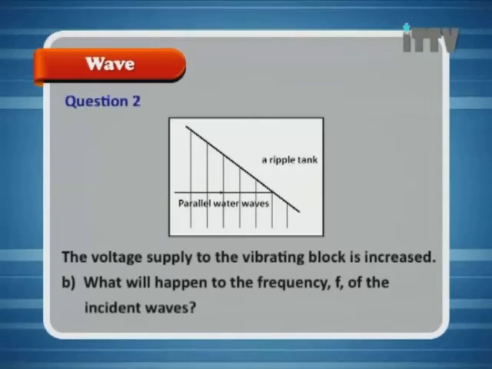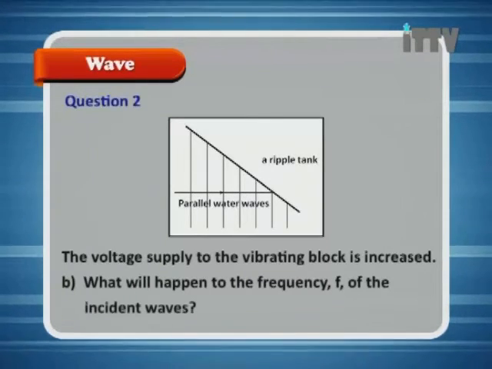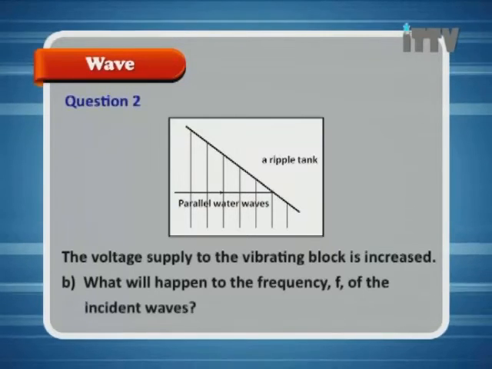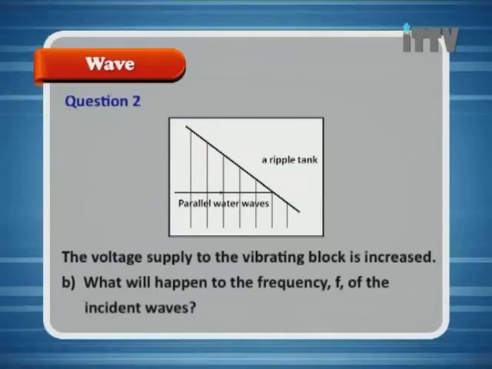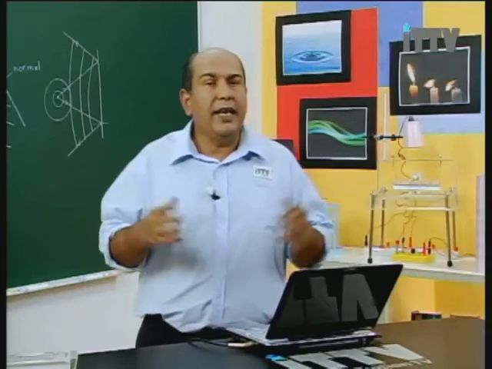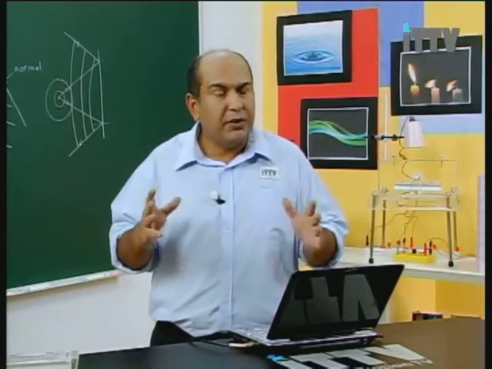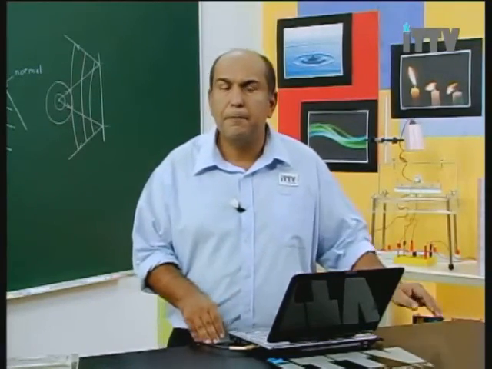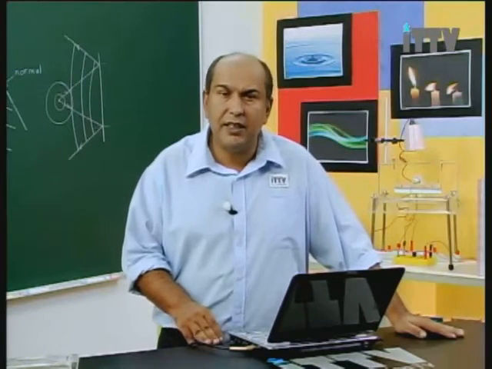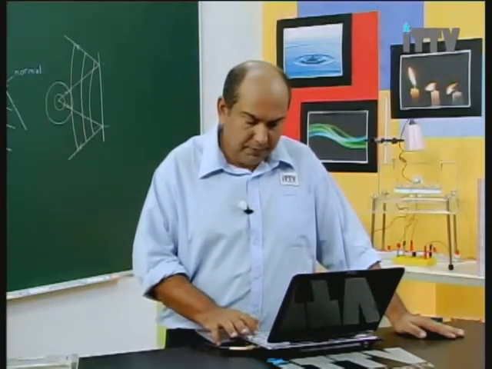Let's continue with the same question. The voltage supplied to the vibrating block is increased, but now what will happen to the frequency F of the incident waves? Once again, I'm changing the power supply, increasing its voltage. How will this affect the frequency? Have you written down your answer? Let's have a look.